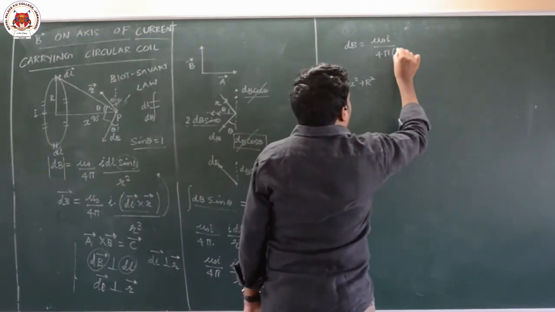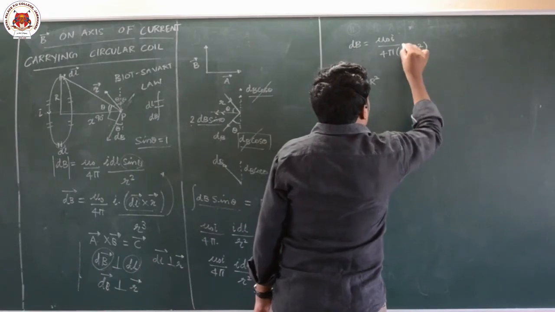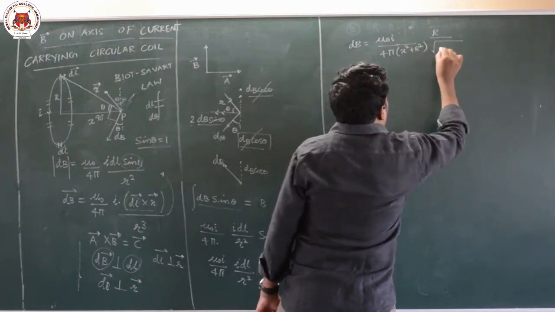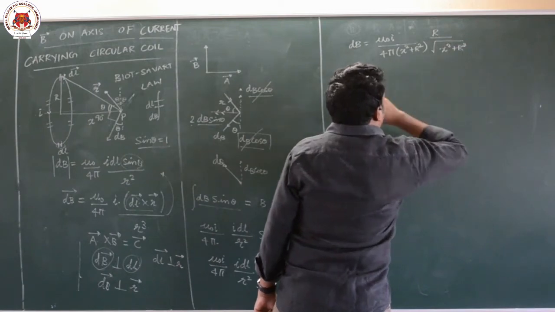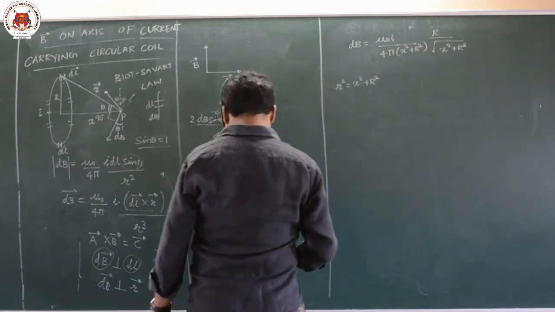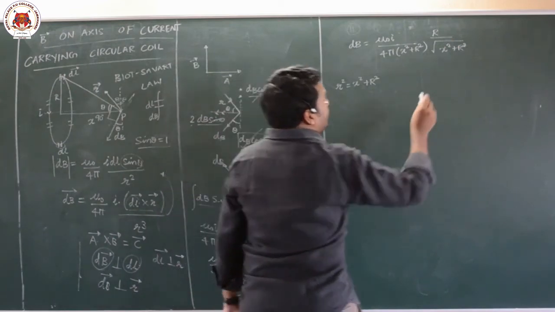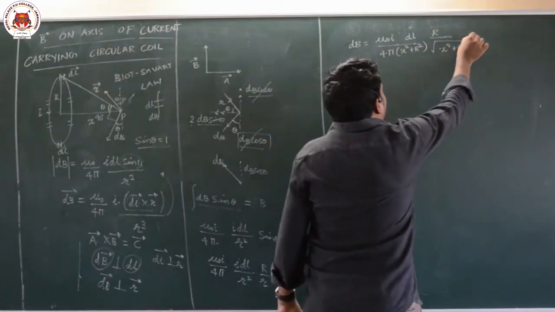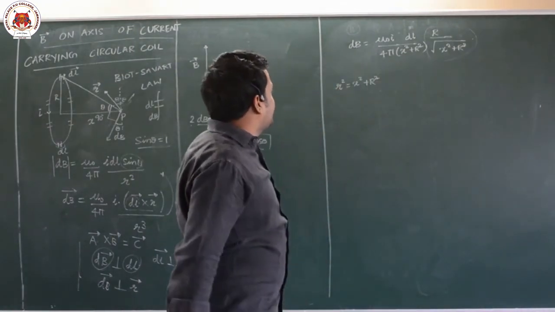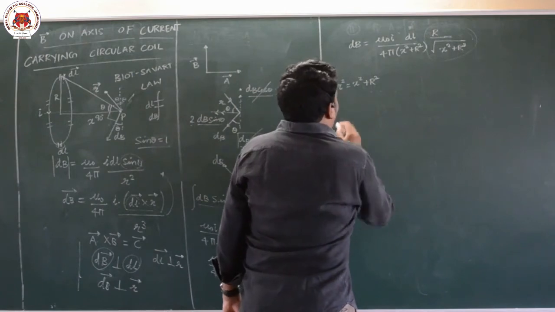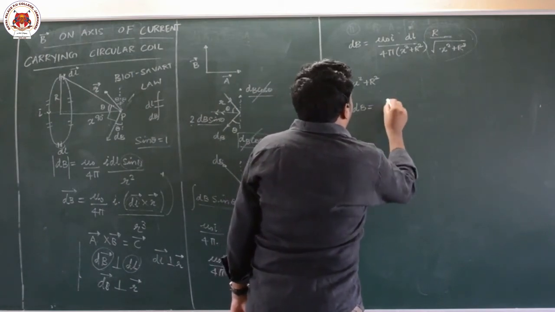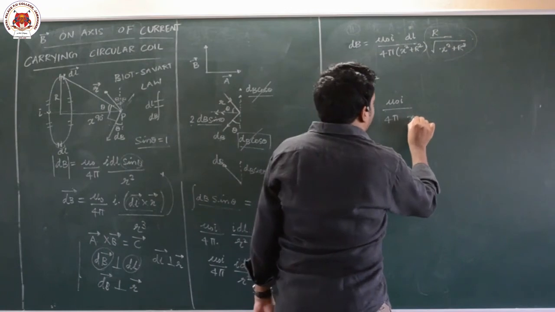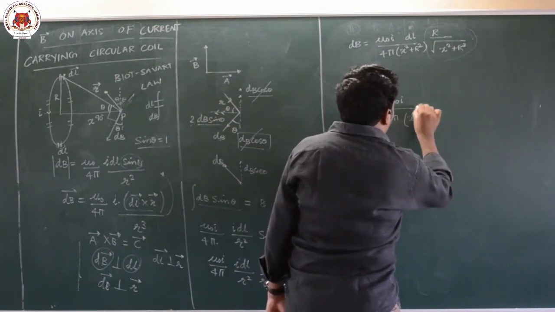You can write this as x² plus R², with sin θ equal to R divided by the root of x² plus R². Therefore, taking out the constants, dB is equal to μ₀ I/4π · dl · R divided by (x² plus R²) whole power 3/2.